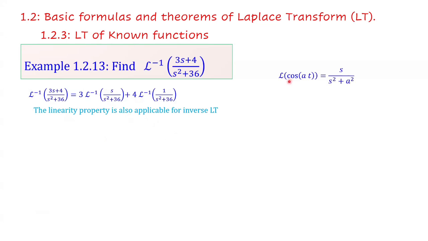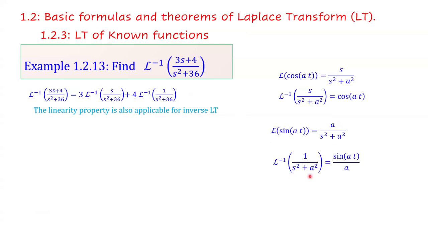Now we know that Laplace of cosine at equals s over s square plus a square. So Laplace inverse of s over s square plus a square equals cosine at, which is similar to here. Here a is equal to 6, so we get cosine 6t. In the same way, Laplace of sine at equals a over s square plus a square, so Laplace inverse of 1 over s square plus a square equals sine at over a.